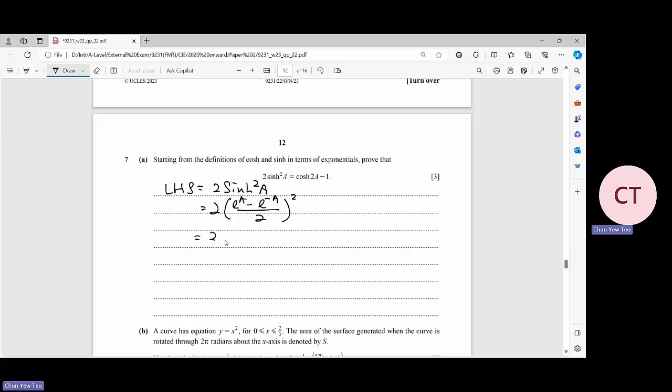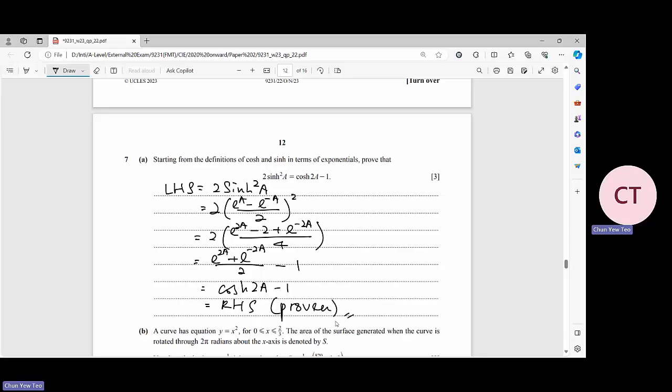If I square, I have to expand it. I get e power 2a minus 2 plus e power negative 2a over 4. Then I expand them again. I get e power 2a plus e power negative 2a over 2 minus 1. If I expand them accordingly, then you can get this as cosh 2a minus 1. That will be equal to your right-hand side. Then your identity has been proven.